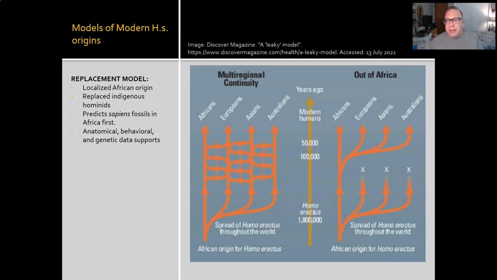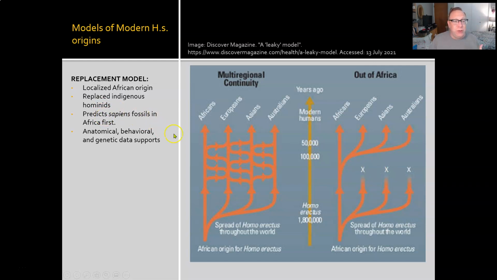It looks a little bit like this. So if we're talking about the replacement model, that's the out of Africa model on this chart here, it would look something like this. You'd have a localized African origin, and everywhere that Homo sapiens arrive, you would see the disappearance of other species of Homo.